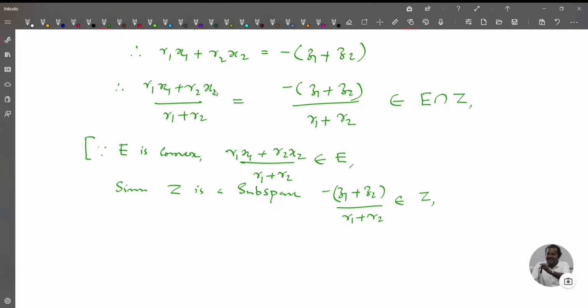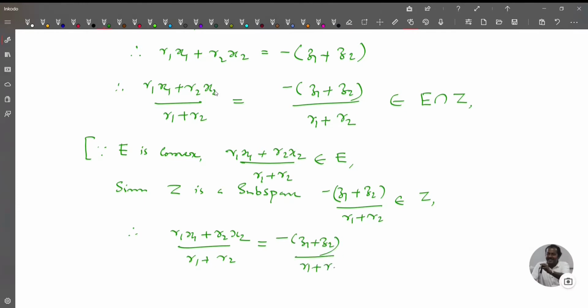Therefore, LHS belongs to E, RHS belongs to Z. Therefore, LHS and RHS belong to E intersection Z. Therefore, R1 x1 plus R2 x2 divided by R1 plus R2, that belongs to E, and this is equal to minus of Z1 plus Z2 divided by R1 plus R2.